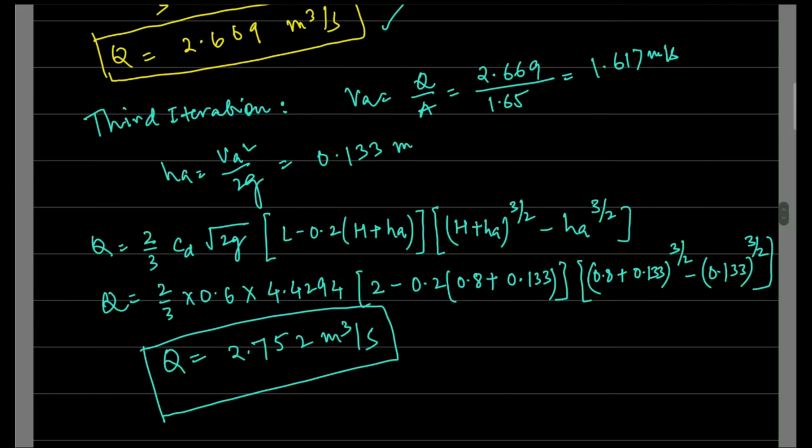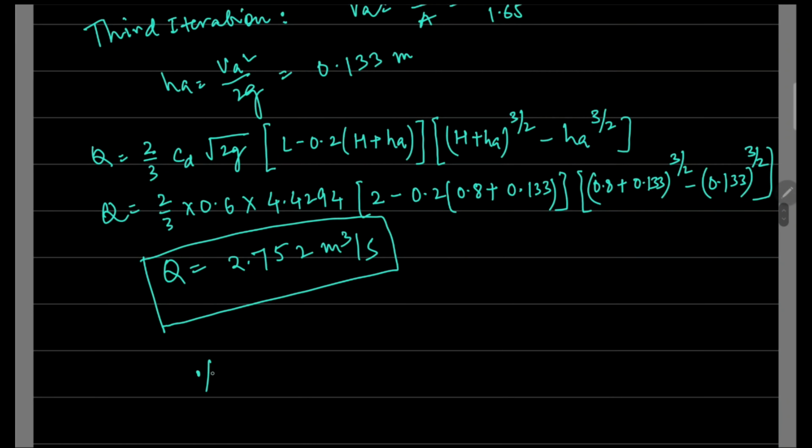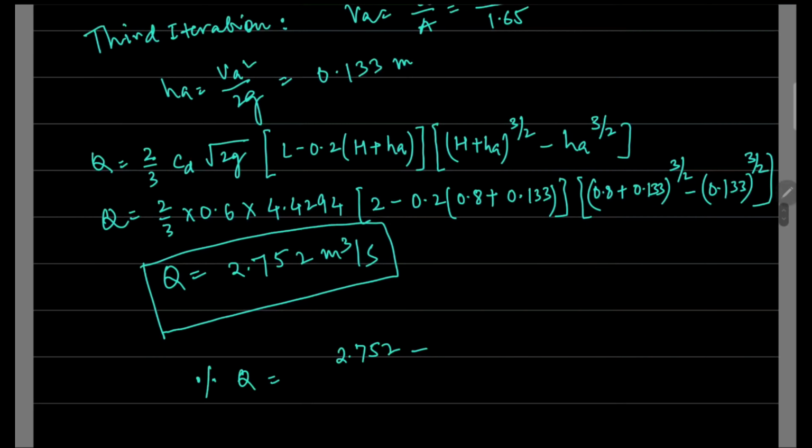So if we figure out the percentage error in the consecutive Q values, it will be (2.752 minus 2.669) divided by 2.669, multiplied by 100. So this value is giving us 3.1 percent error. So in the consecutive values, this error is very much appreciable.